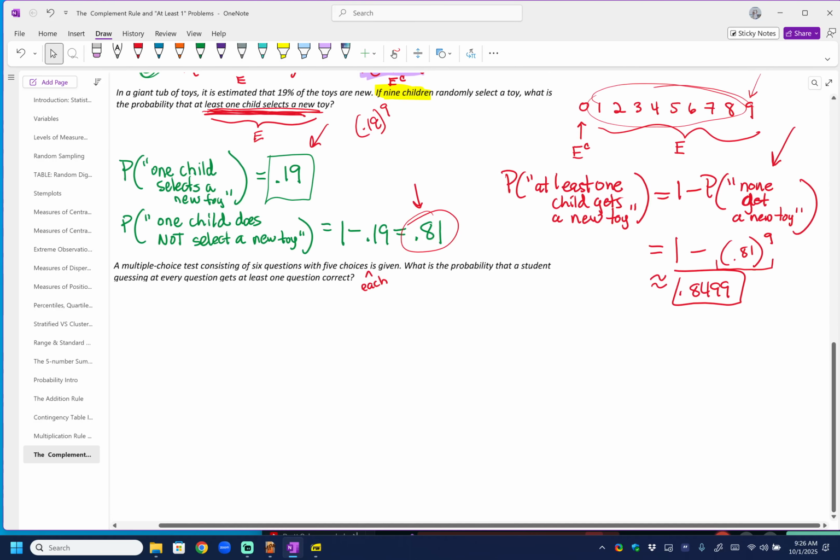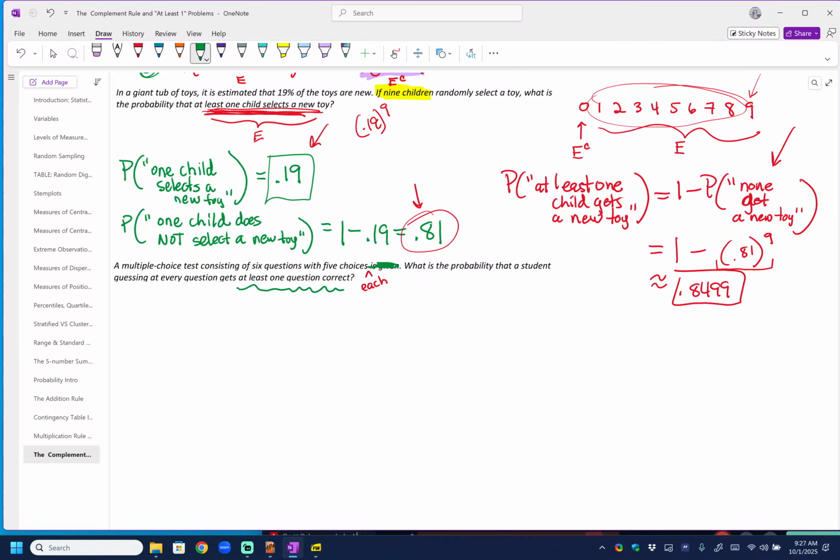It says a multiple choice test consists of 6 questions with 5 choices each. What is the probability that a student guessing at every question gets at least one question correct? So the probability is that we will get at least one question correct. Basically that's our event that we're looking for.